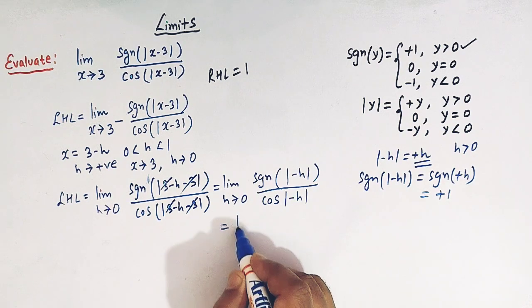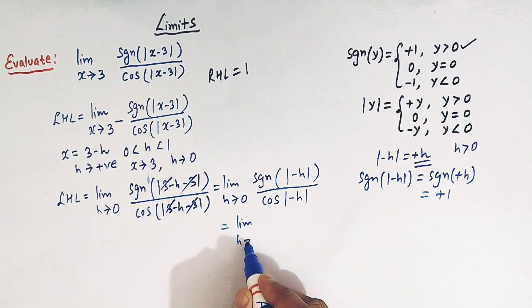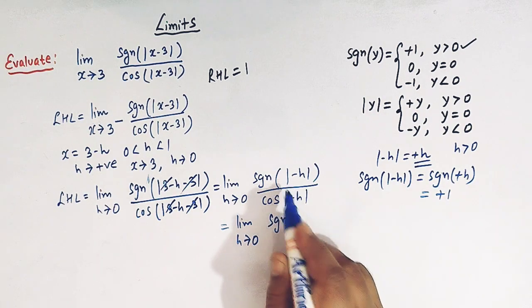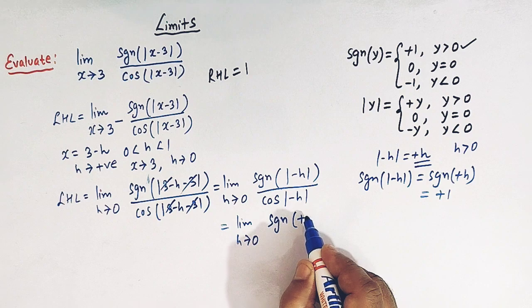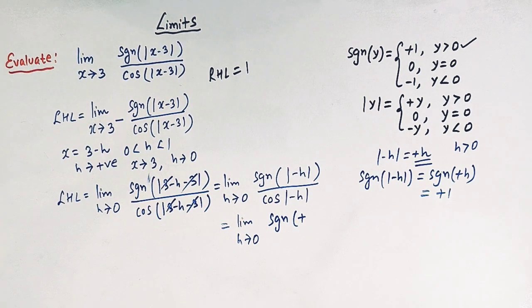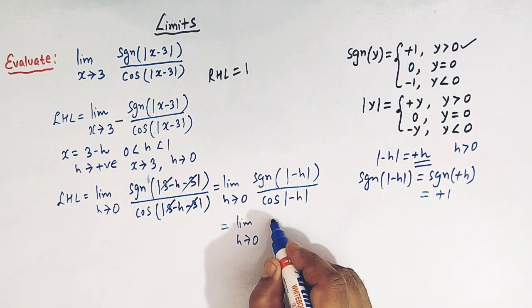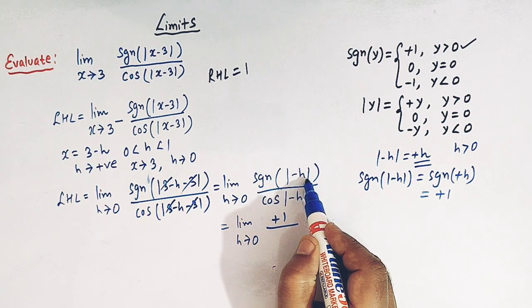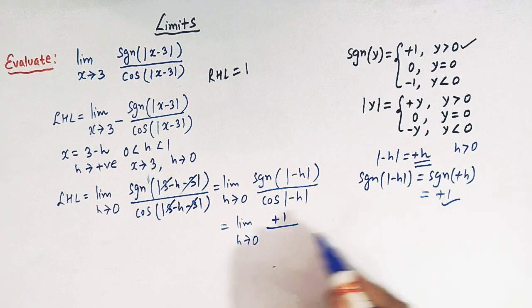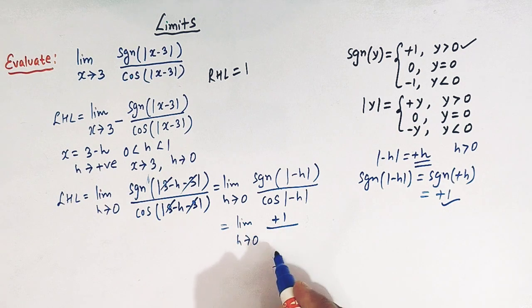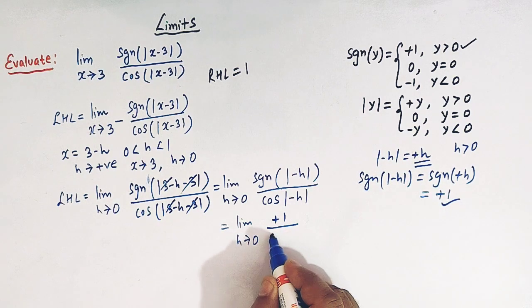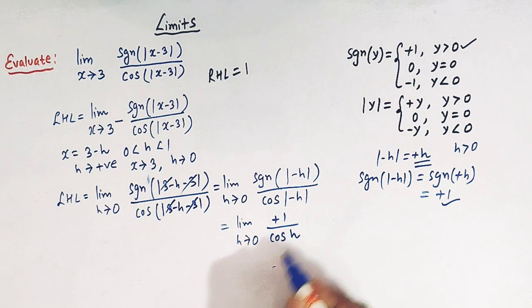So now this limit can be written as limit h tends to 0, and here we'll have simply plus 1 in the numerator, because signum of mod of minus h is positive 1, right? And mod of minus h is plus h, so we have cosine of h.